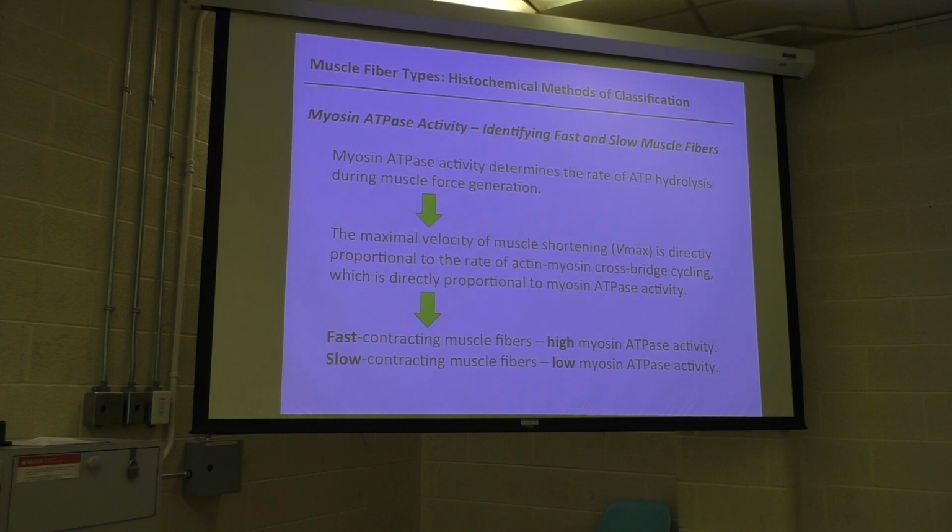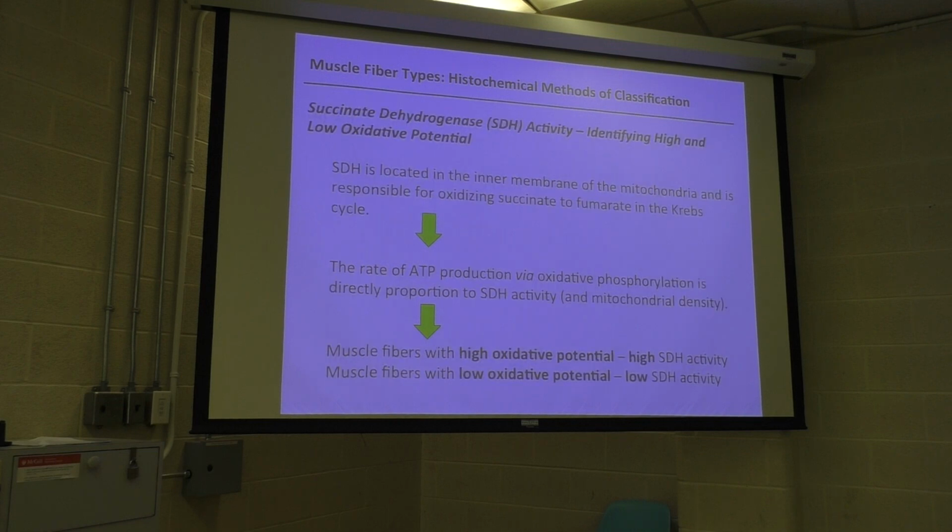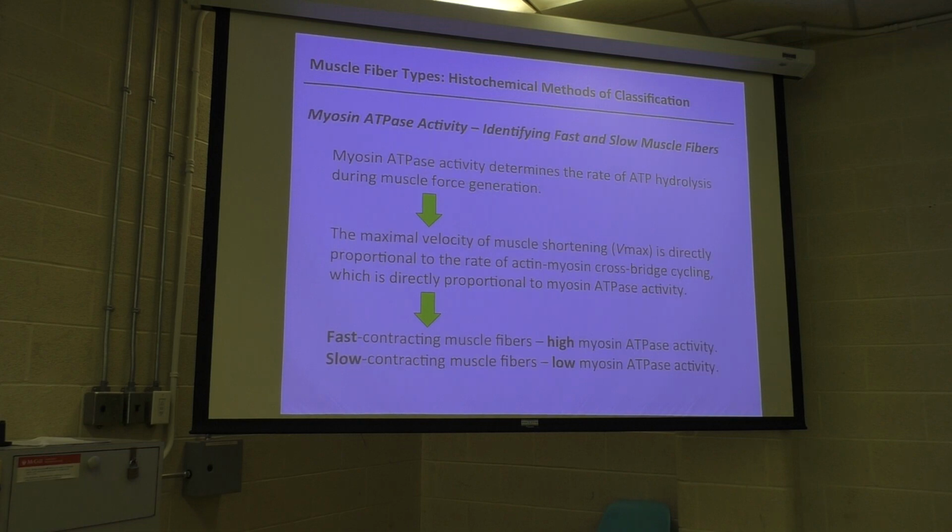You can have a mixed fiber, you can have type 1, type 2A, type 2X, you can have all sorts of intermediates, and these different isoforms, or changes in the proteins, can exist at the same time, and they're based on how closely they contract in terms of speed.